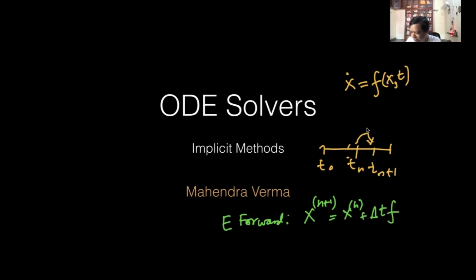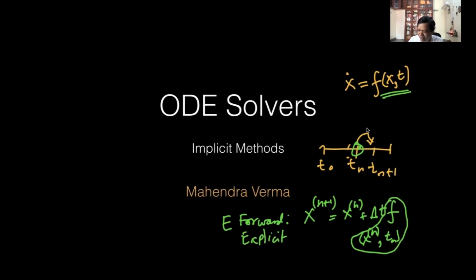Now, where do you compute f? We compute f at xn and tn. We are going from tn to tn plus 1, so I know my values of x as well as time here. This is called an explicit scheme because we can compute this f easily.